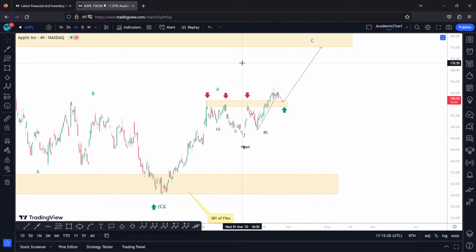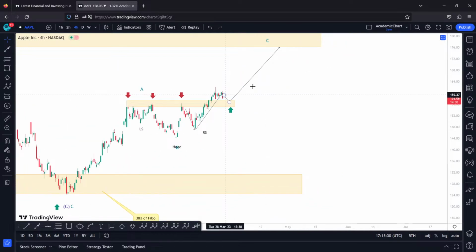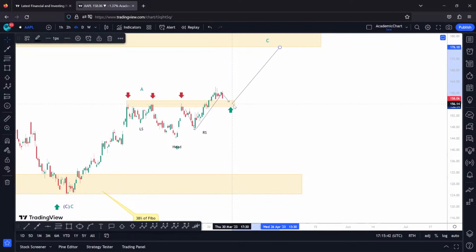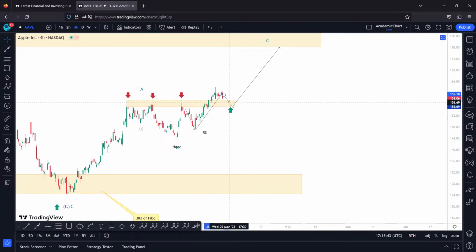So with that in mind, which we were expecting, we are still sticking to that analysis. This was the update, and in the short term, we might see some sort of reversal, maybe even a little bit more down. That's even possible, to rest a little bit and then continue this momentum to the top.